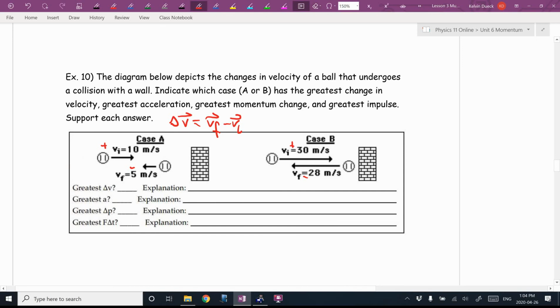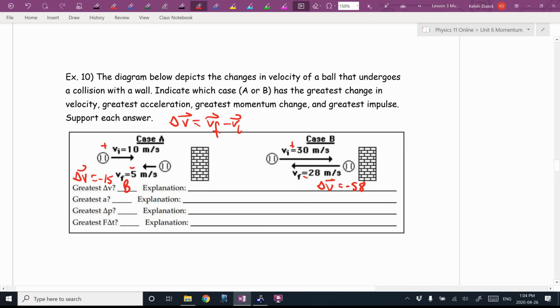The change in velocity for case A is -5 minus 10, it's -15. The change in velocity for case B is -28 minus 30, it's -58. Oh, definitely case B, and by larger we mean bigger magnitude.